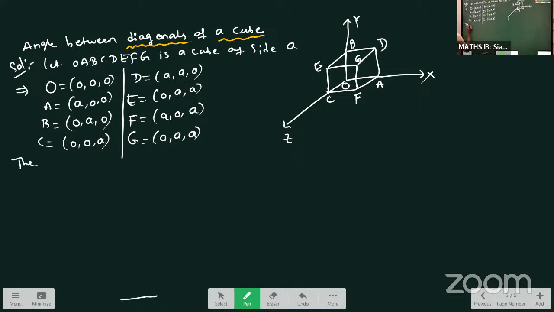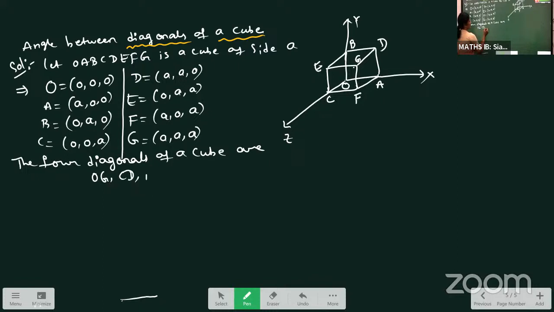Directly you can see OG is a diagonal, CD is a diagonal, AE is a diagonal, and BF is a diagonal. So the 4 diagonals are OG, CD, AE, and BF.